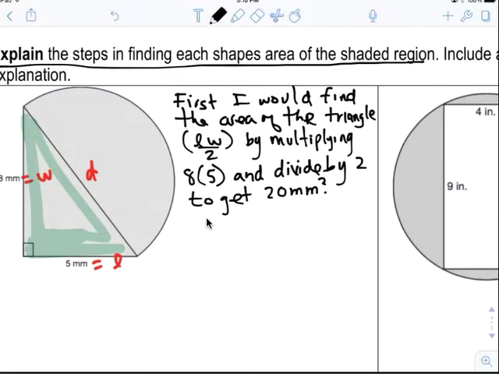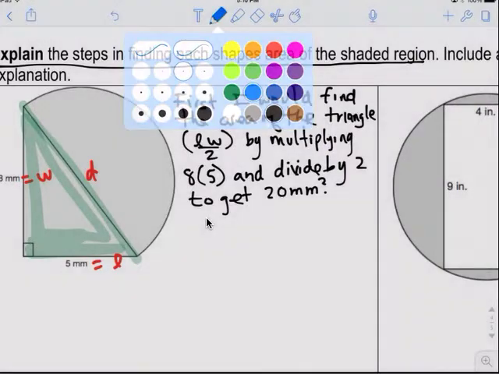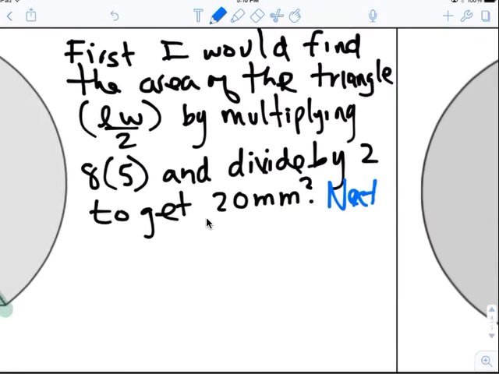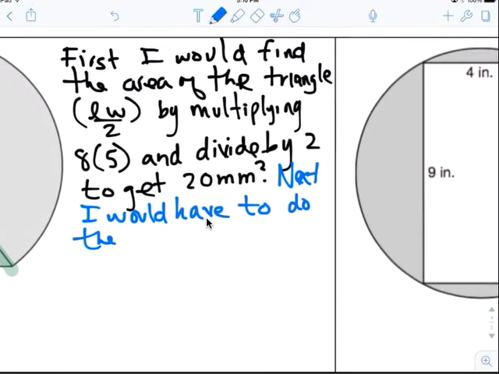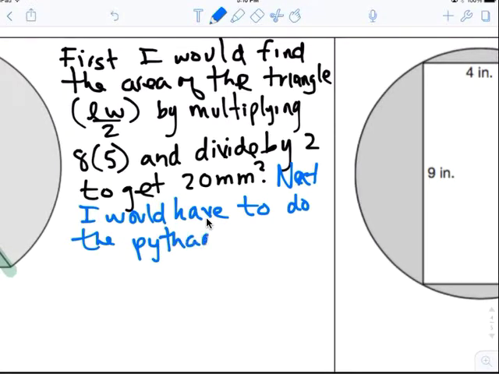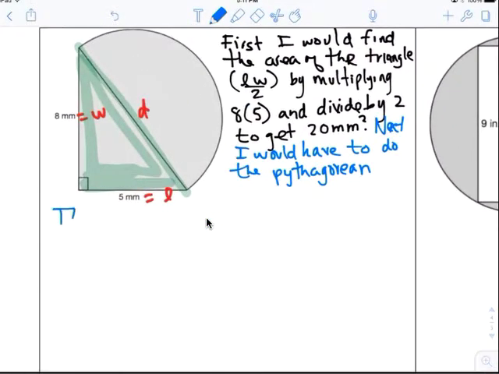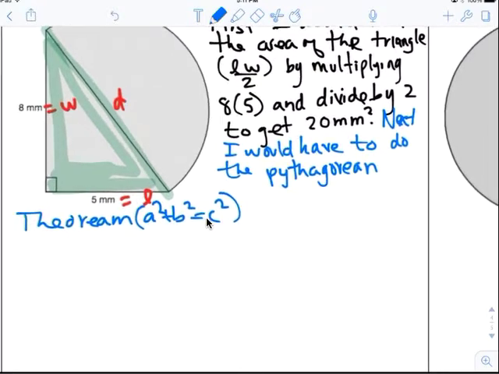Next, I would have to do the Pythagorean theorem to find the diameter of the circle. a squared plus b squared equals c squared.